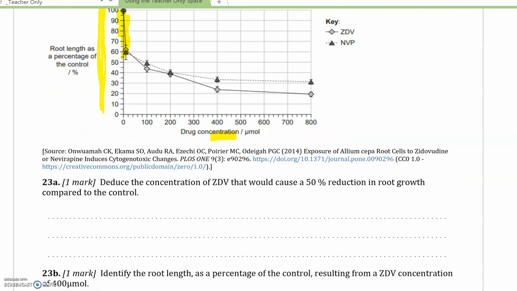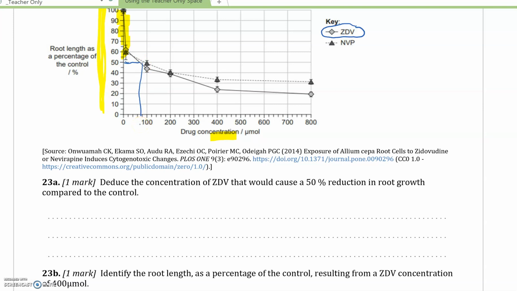Okay, so question 23a, deduce the concentration of ZDV that would cause a 50% reduction in the root growth compared to the control. So the first thing to do is work out which line is ZDV, so that's the grey diamonds, okay, and so then what you do is you find 50% here, and obviously you would do this with a ruler and track across to there and then track down to there, okay, and then read off the graph.